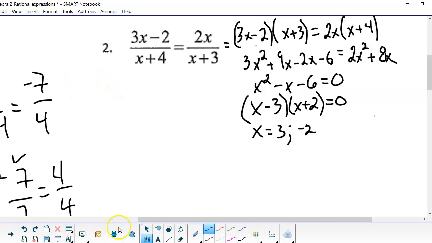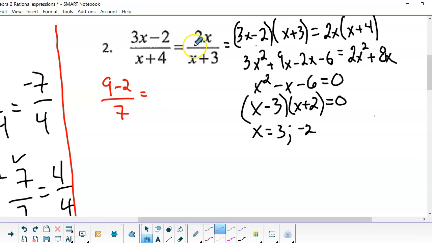So let's do the check over here. We'll do it in red so we can see it separate from this stuff over there. So let's take this 3 and put it into the original equation. So I end up with 3 times 3, which will give me 9, minus 2. In the denominator, 3 plus 4 is going to give me 7.